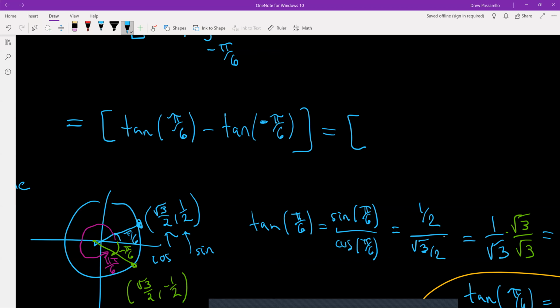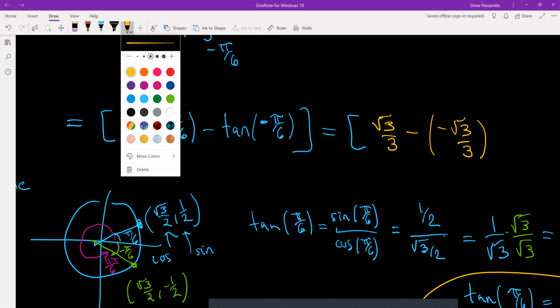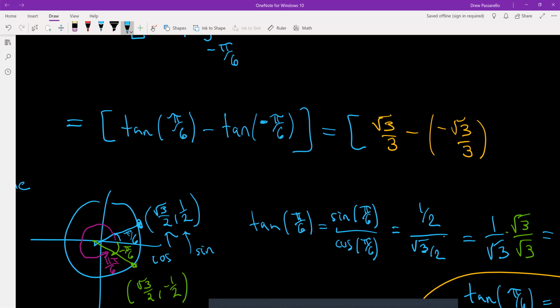So tangent of pi over 6 was square root of 3 over 3. And then we have minus tangent of negative pi over 6, which is negative square root of 3 over 3. So it's basically square root of 3 over 3 plus square root of 3 over 3.